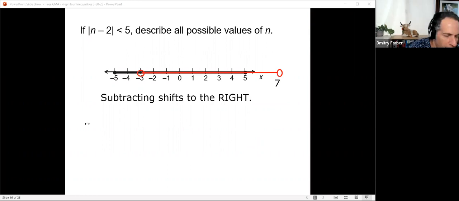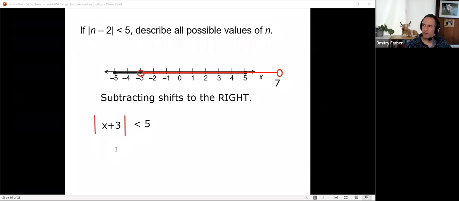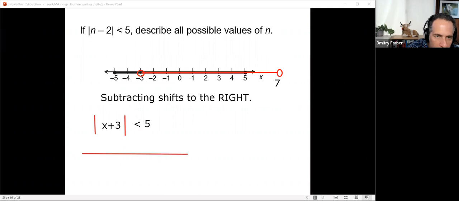So what if I had the absolute value of x plus 3 is less than 5? What would be the endpoints there? What would be the range I could have? If subtracting shifts to the right, then adding, as we can see, is going to shift to the left.